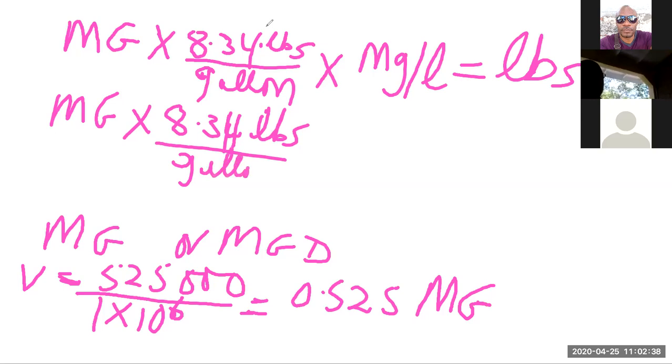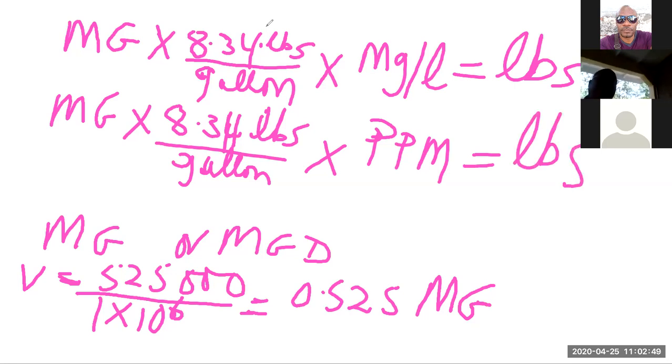That is water, multiplied by ppm, will still give you pounds. And in this case, pounds of chlorine. Watch it good. It's an equation.